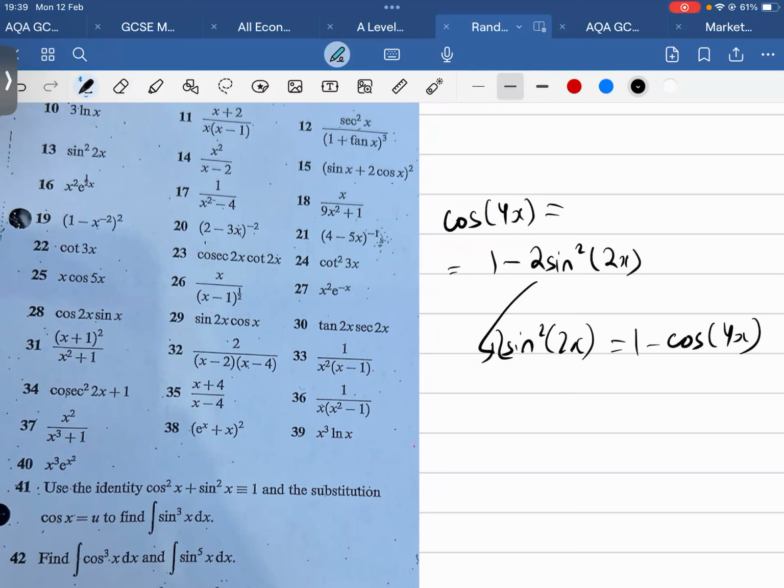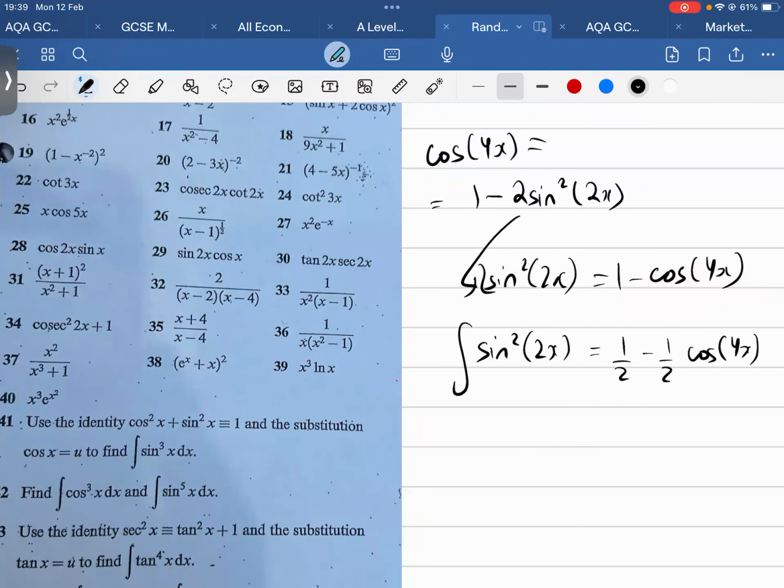So sine squared 2x would also be a half minus a half cos 4x. If I want to integrate that, I can just integrate that instead. A half becomes a half x, and then that becomes 1/8 sine 4x plus c.